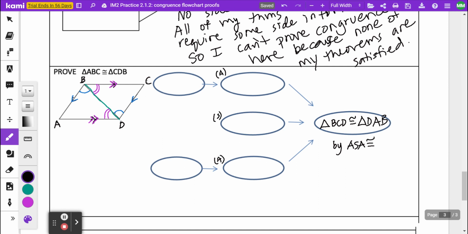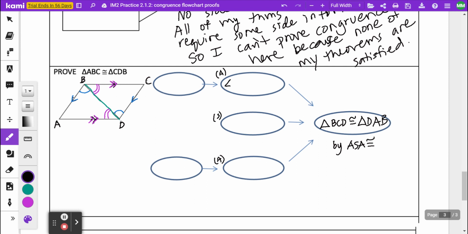Let's start with angle, and I need three letters because there's more than one angle with vertex B.